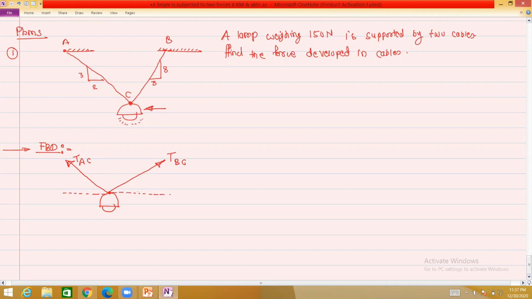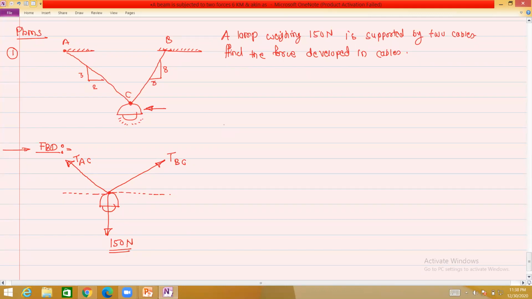This dotted line is the reference line for the x-axis. So we can find the angle with respect to the x-axis, and we can also find the components. And this is the self weight of the lamp acting in the negative y direction, vertically downward. The weight is given, equal to 150 Newton.